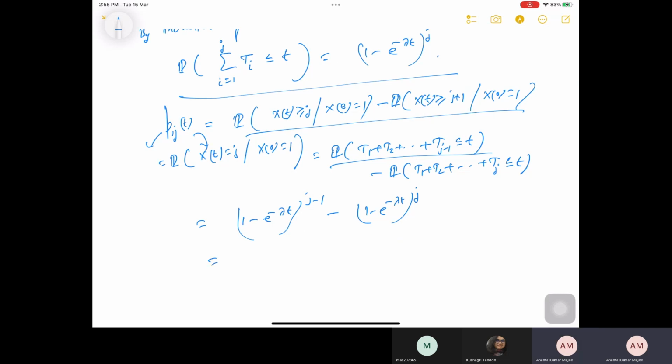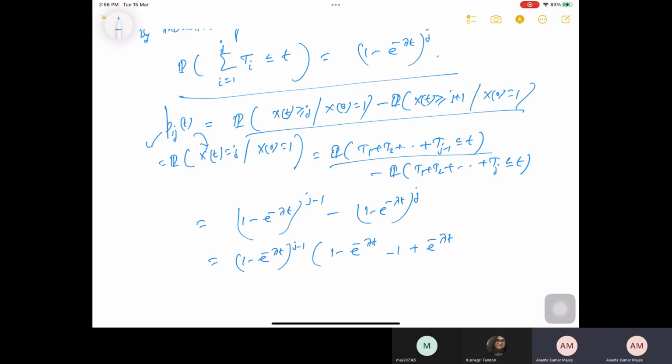So if you take common the power j minus 1, what I have is 1 minus these things. So I have (1 minus e to the power minus lambda t) to the power j minus 1, and then I have this part, 1 minus (1 minus e to the minus lambda t).